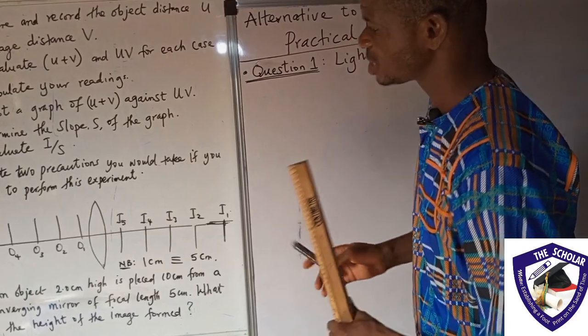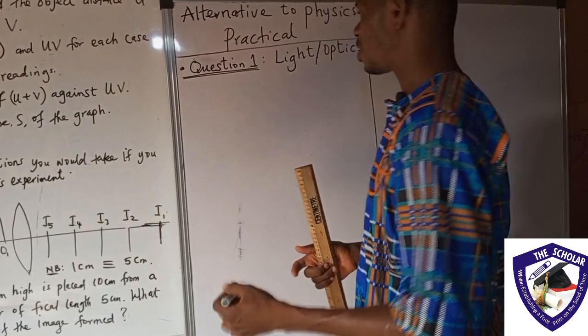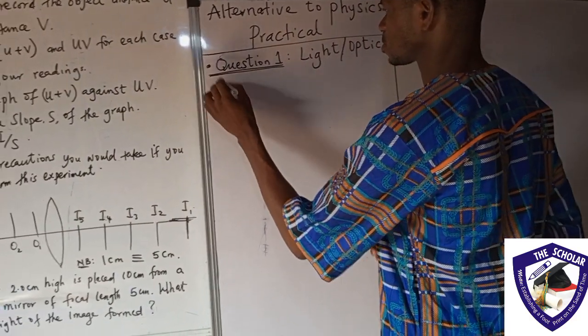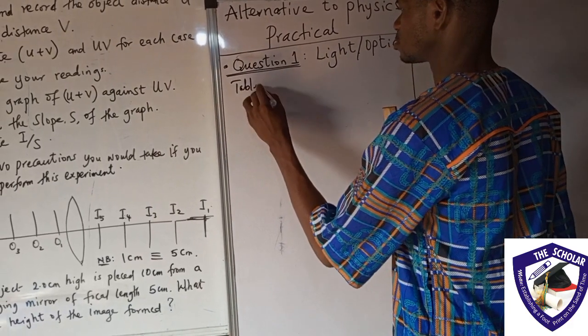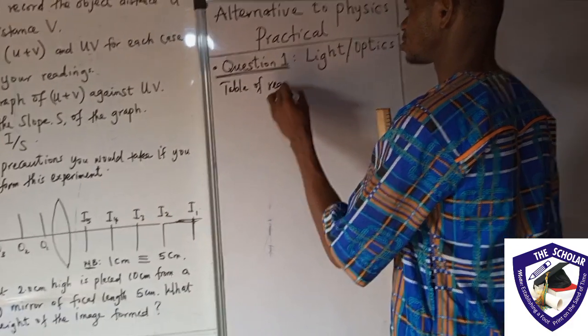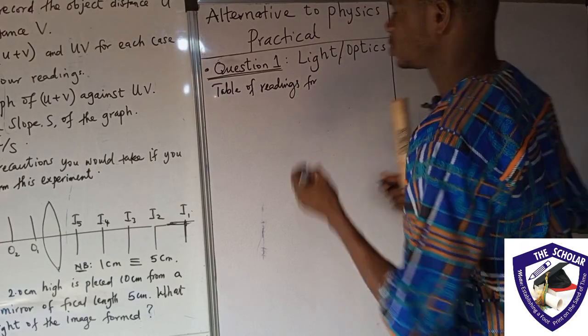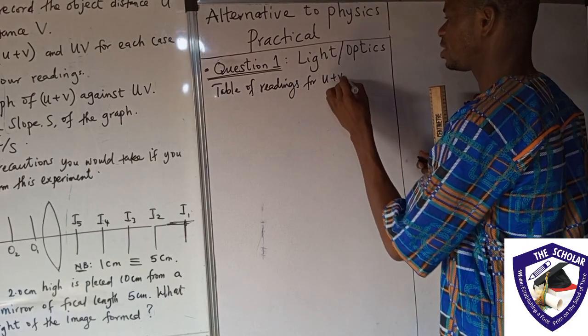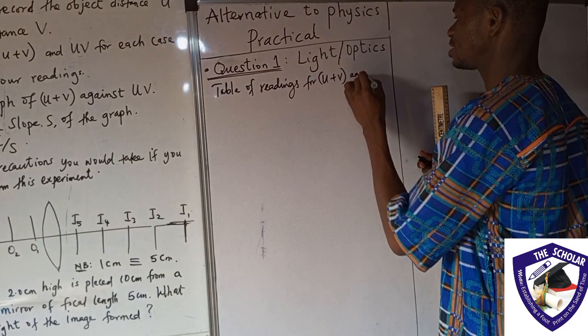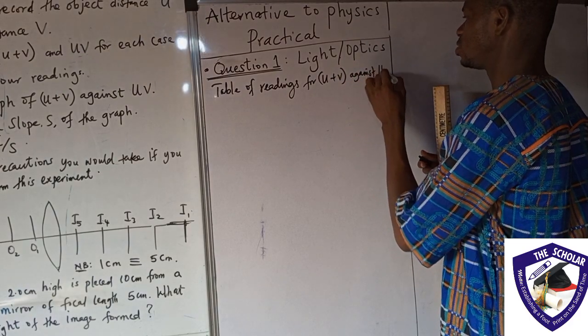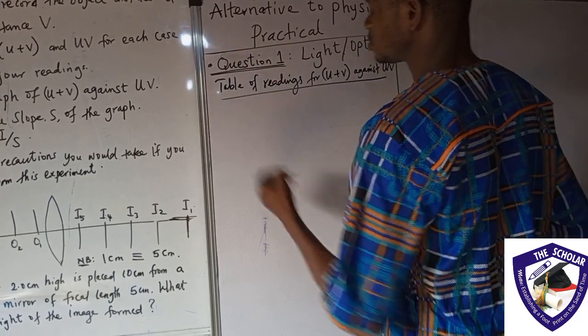So, how will our table look like? Our table will take this format. So you have your table of readings for U plus V against UV. This will be the title of your table.